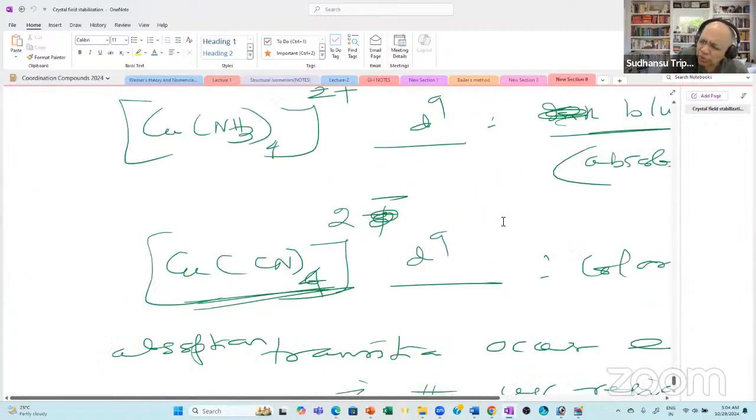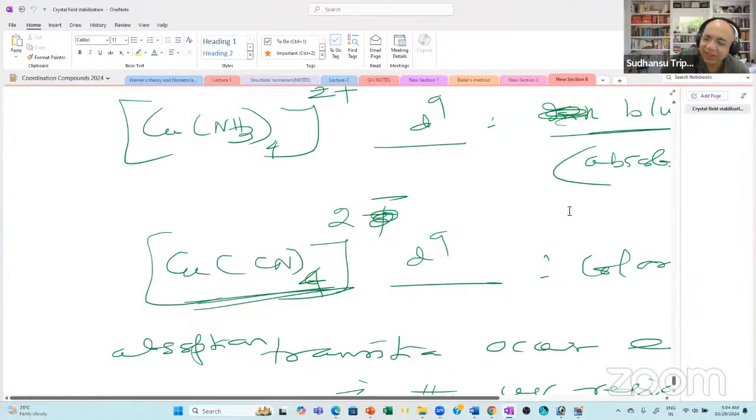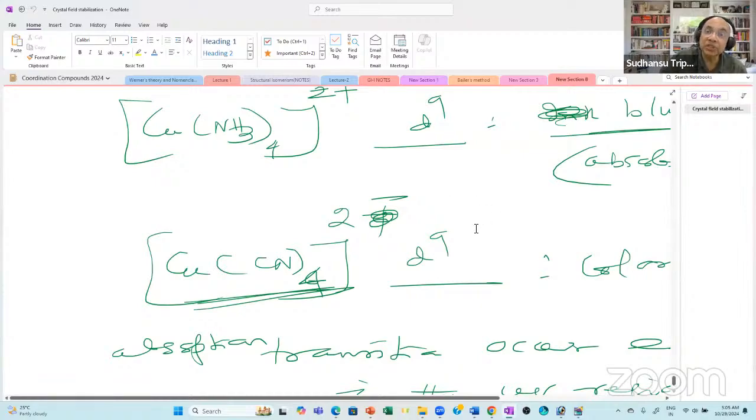Those which are d0, d10 configurations are usually colorless. But you will not be 100% sure that they are really colorless. They may be colored due to CTS, particularly the oxoanions: permanganate, manganate, dichromate, chromate, vanadate. They are all d0 configuration. Vanadyl, d0 configuration. They don't look like complexes.